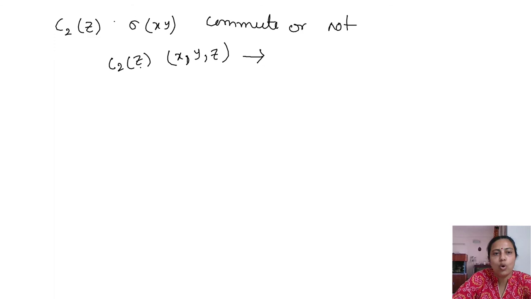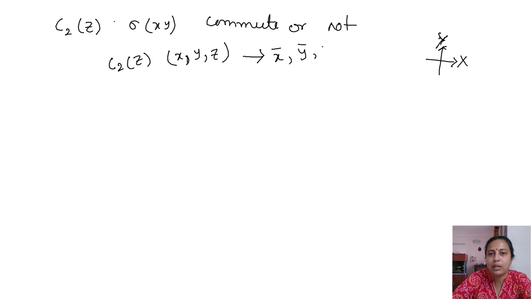When I'm performing C2 along z, this is my structure, and Z is perpendicular to this. So I'm doing a 180-degree rotation. My X would be minus X, I can write it as X bar.